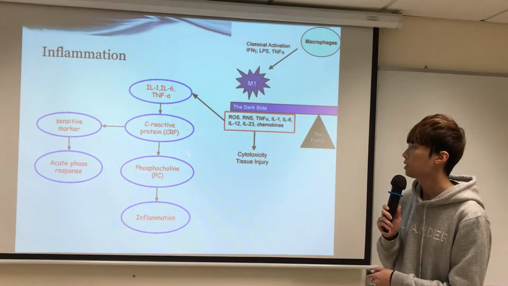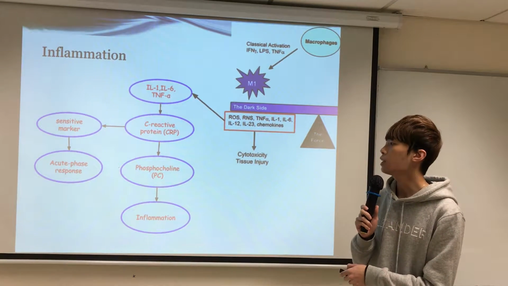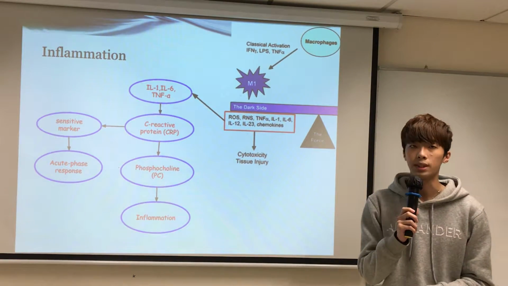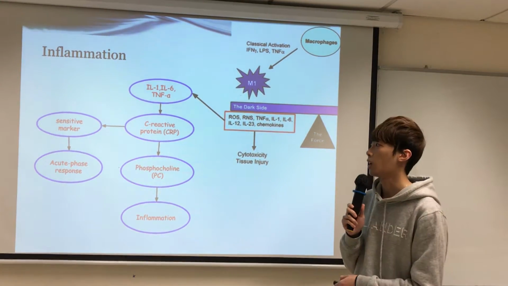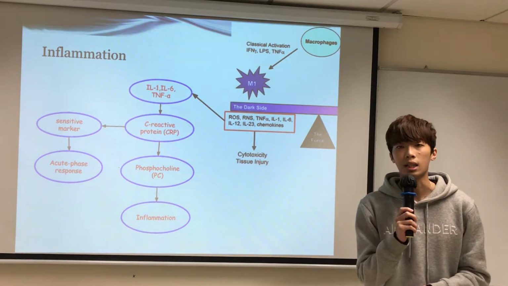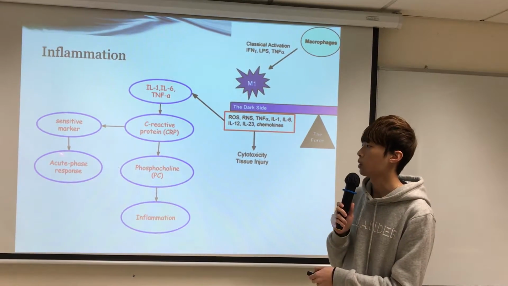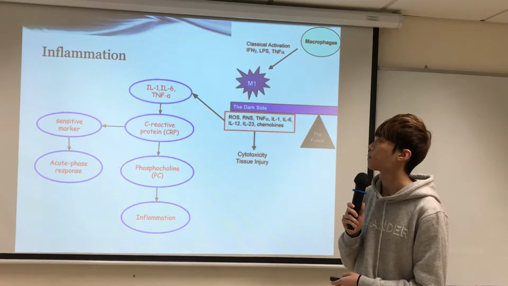The high level of CRP will bind to the phosphocholine receptor in the target site, which will promote the inflammation to occur. At the same time, the CRP protein will be regarded as a sensitive marker, which will occur in the acute phase response, for example, like fever.